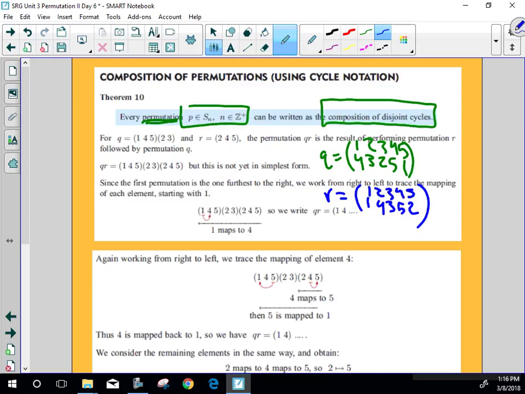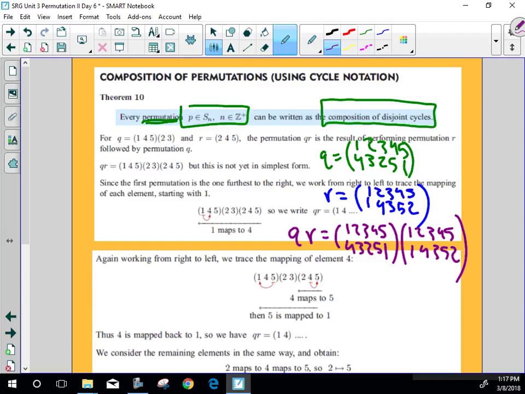Now, here's what we're going to do. We're going to do QR. The outside is 1, 2, 3, 4, 5 over 4, 3, 2, 5, 1. The inside is 1, 2, 3, 4, 5 over 1, 4, 3, 5, 2. And we're going to combine these.